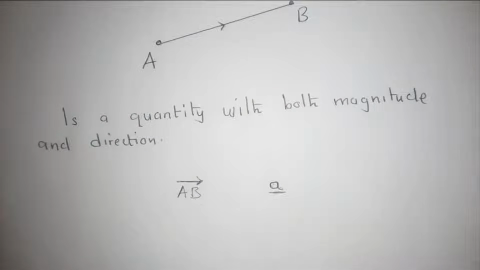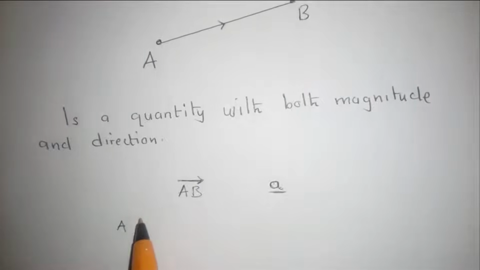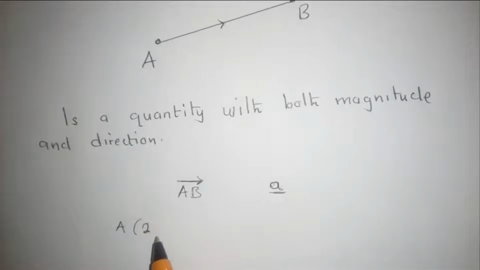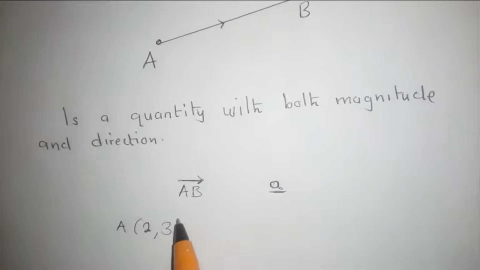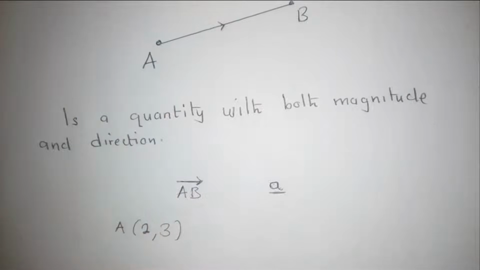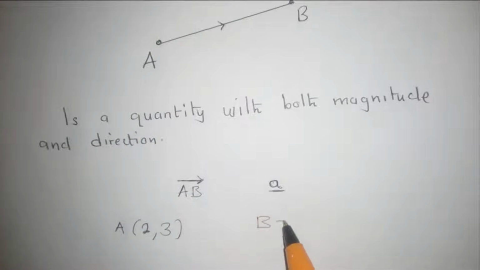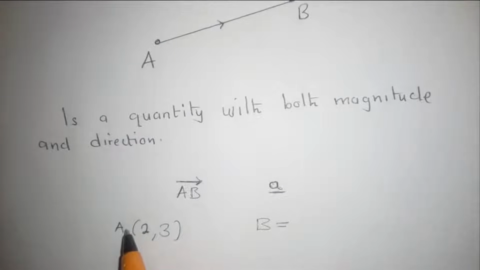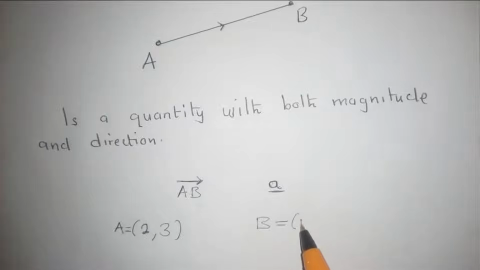Okay. So now let's say point A is (2, 3). You know, there is a point here, and this is (2, 3). And B is, let me say B is maybe (4, -2).